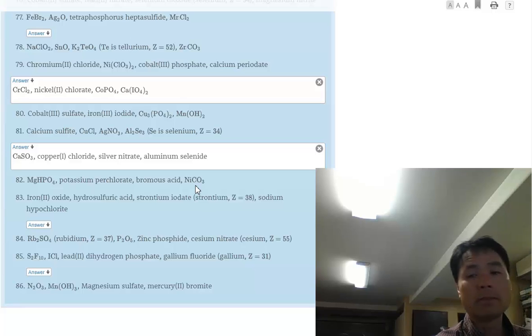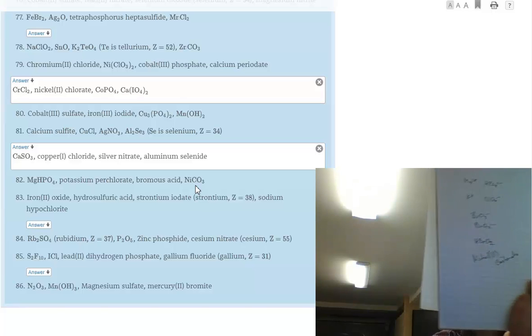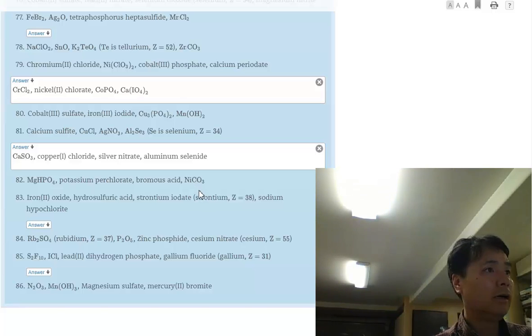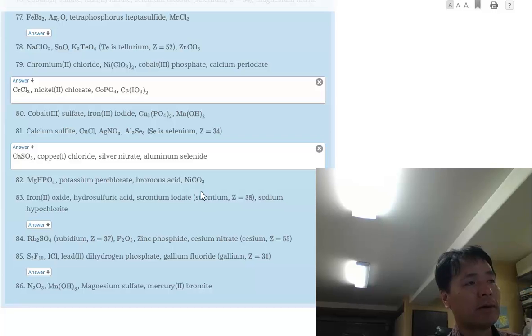So we'll treat it as a variable charge. And the transition elements, the only ones you have to remember that are fixed charge are the scandium group, and then cadmium, zinc, and silver.